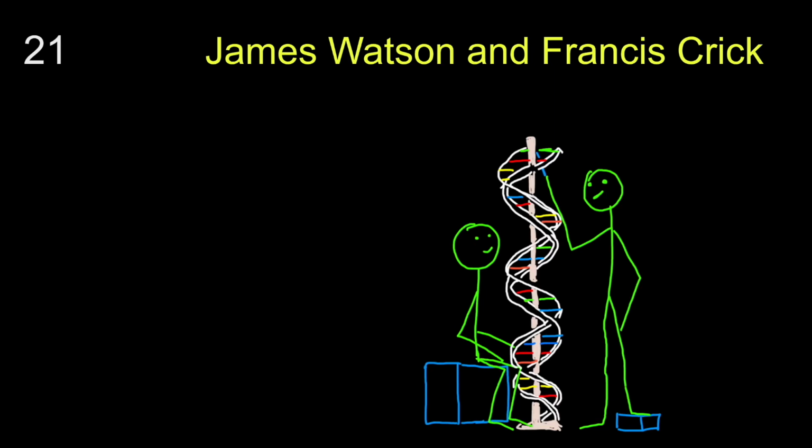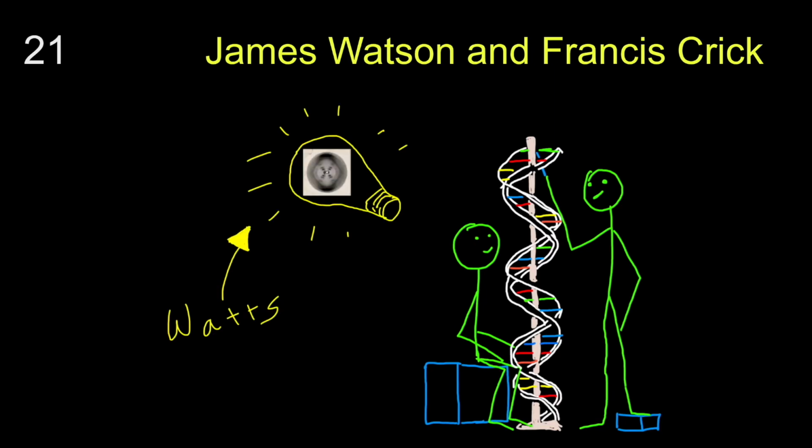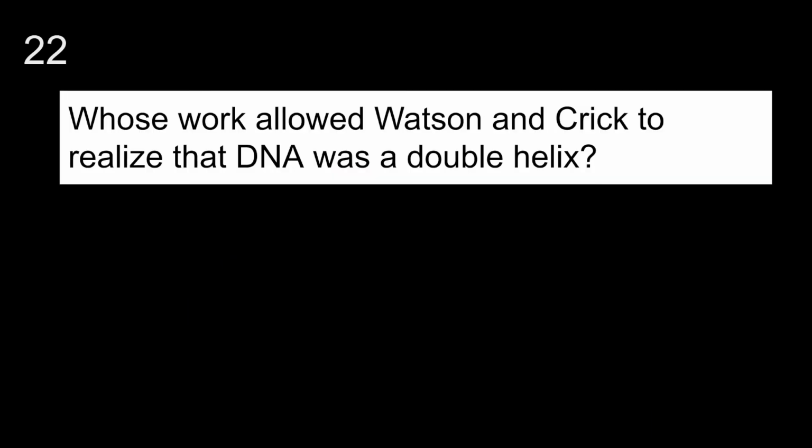And if you need help remembering that James Watson and Francis Crick were the ones that actually came up with the structure of DNA, but they drew upon other people's ideas, well, think of a light bulb. A light bulb has watts. And a light bulb also means ideas. So it was Watson and Crick who drew from the ideas of other people, such as Franklin, and came up with their model.